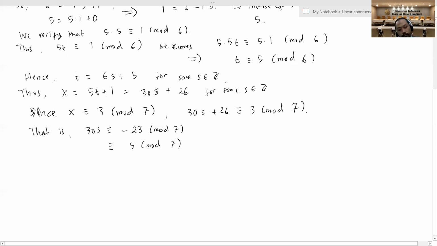Now, similarly as above, we need to compute the inverse of 30 modulo 7.